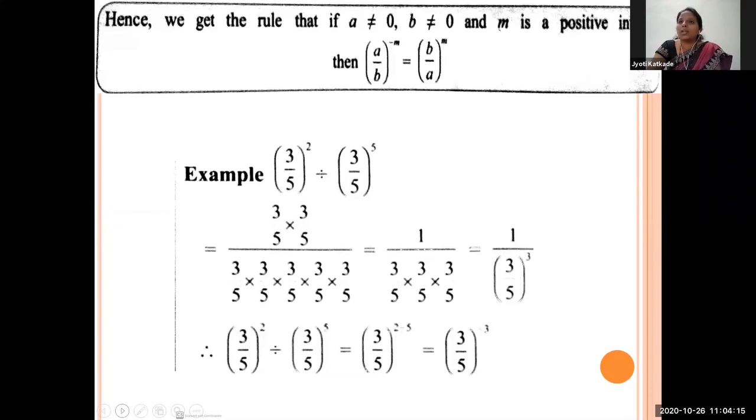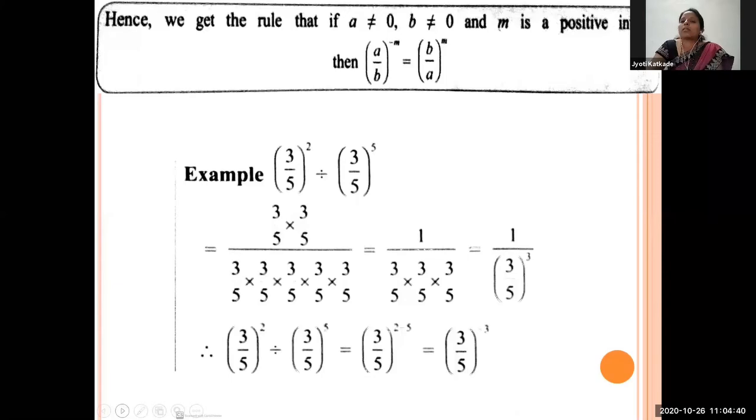And at the denominator, take multiplication of 3 upon 5, 3 times. That is 1 upon 3 divided by 5 raised to 3.